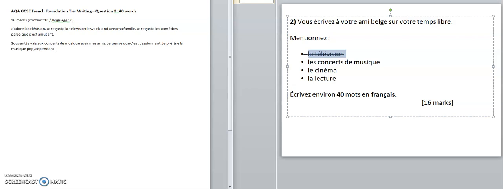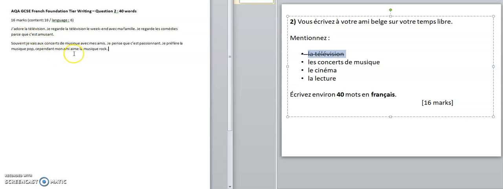Cependant, mon ami, my friend, aime, my friend likes la musique rock. So that's a nice strategy to give a bit of variety as well, is to contrast what you like with what somebody else likes.